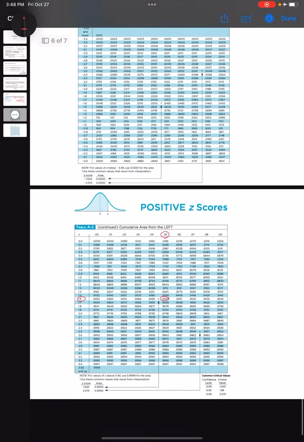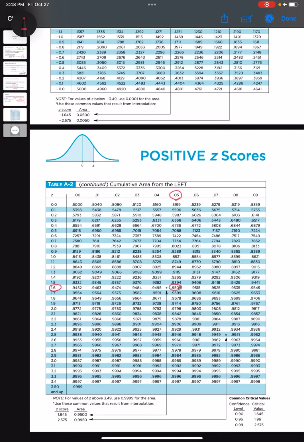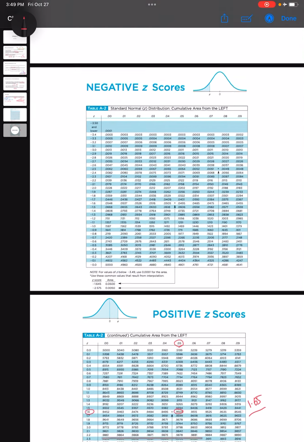Here we have the positive z-score table, and I already circled the value closest to 95%, which is corresponding to 1.65 as a z-value.